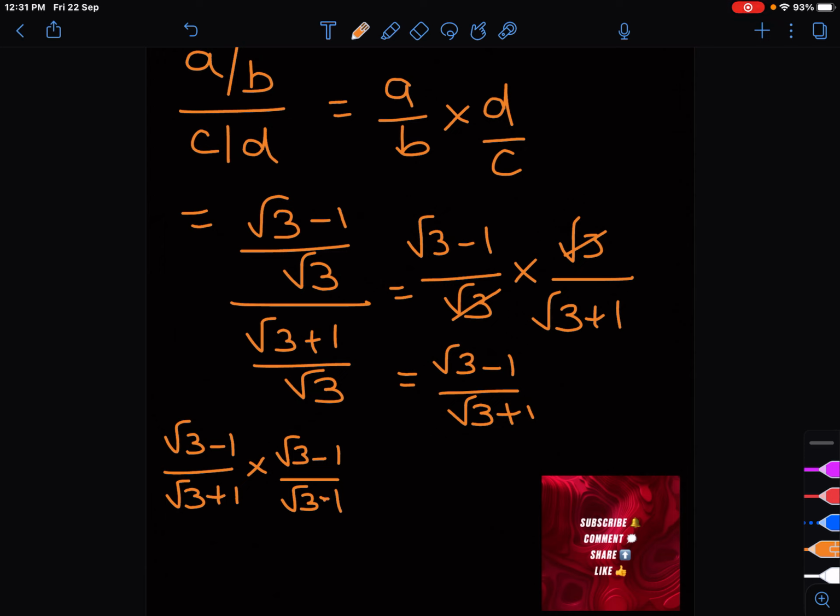Now it will become root 3 minus 1 the whole square, divided by the a plus b, a minus b formula, which we write as a square minus b square.